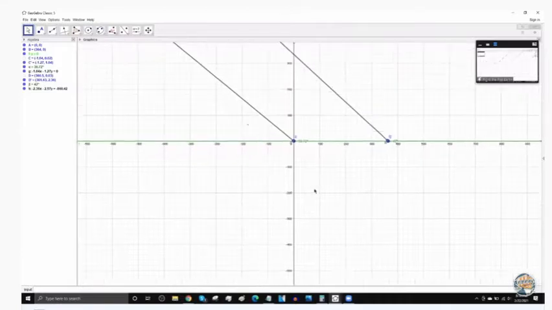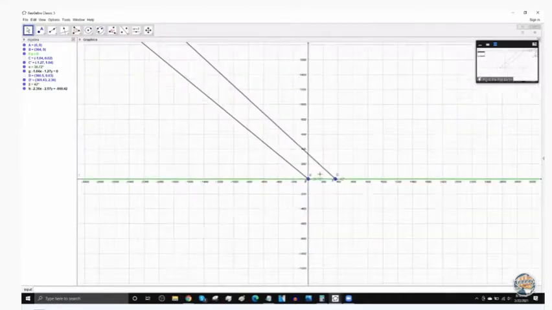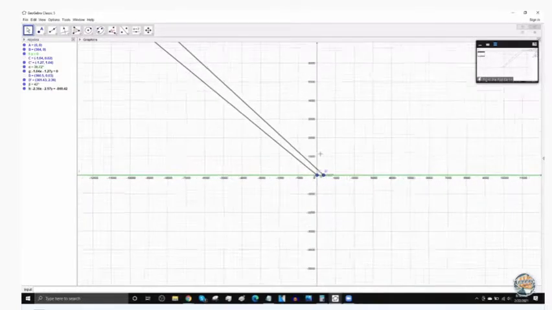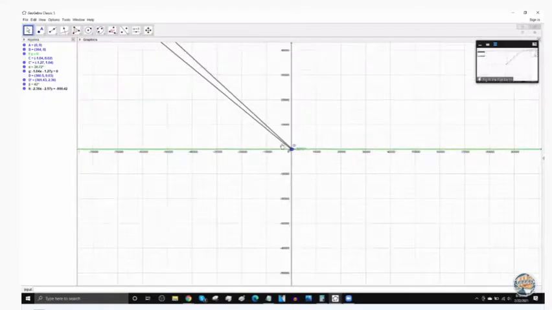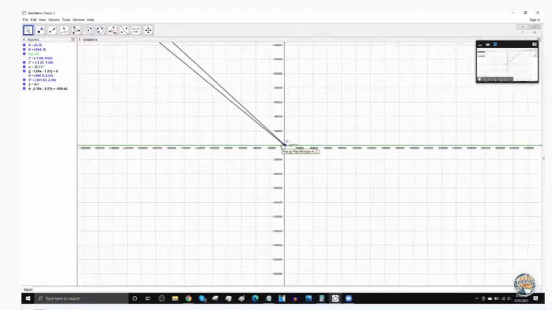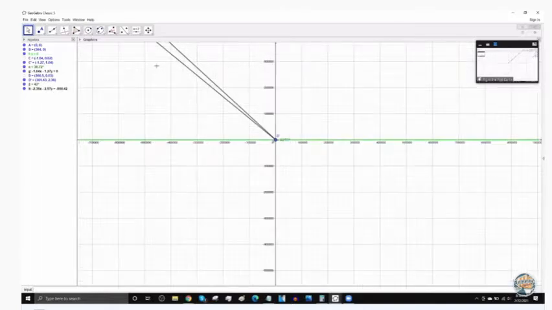And here's the thing. If we were to zoom out and keep zooming out, you must have done it wrong, because it looks like they're getting further apart. Yeah, these lines are actually getting further and further apart.